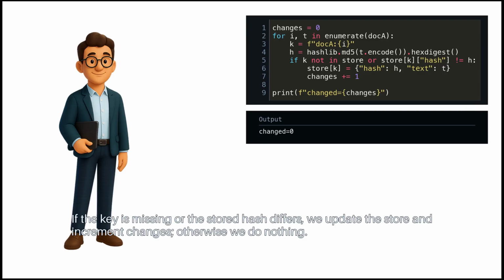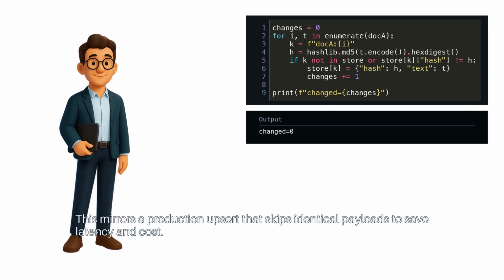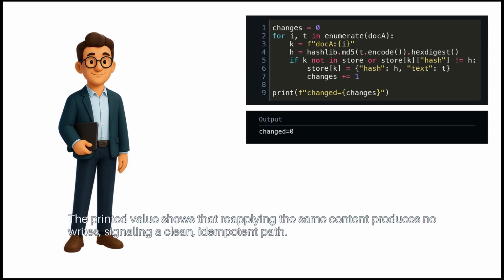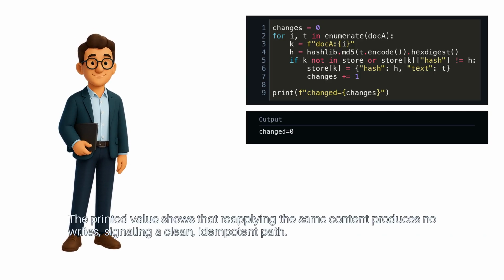Otherwise, we do nothing. This mirrors a production upsert that skips identical payloads to save latency and cost. The printed value shows that reapplying the same content produces no writes, signaling a clean, idempotent path.